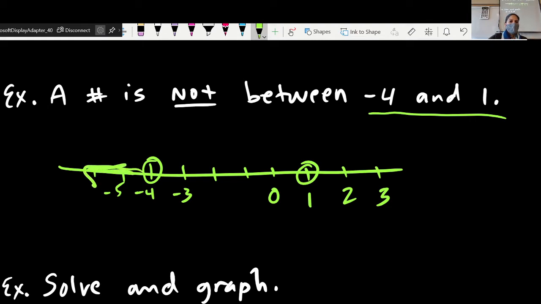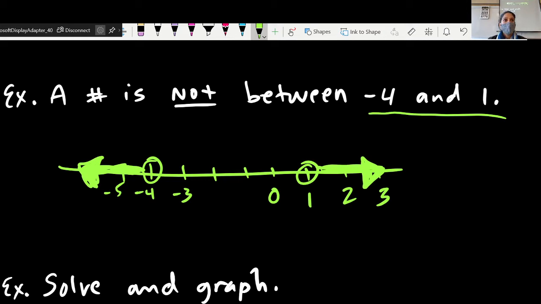Left of -4, so it is allowed to be anything less than that. And what else? Yeah, and also to the right of 1. Because basically we're saying it can be anything smaller than -4, anything bigger than 1. So this is the appropriate way to graph this out and to show our solution.